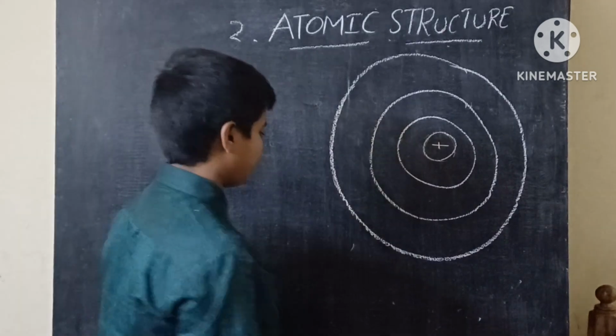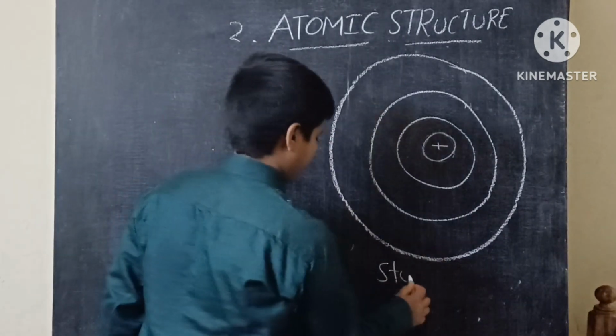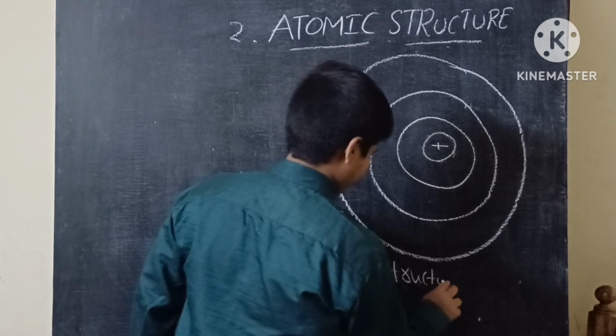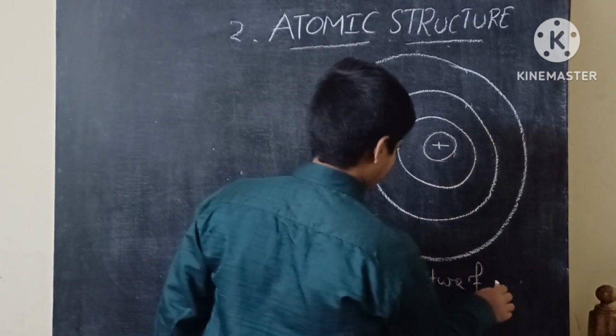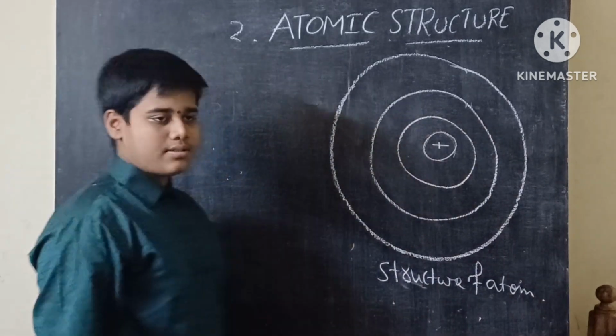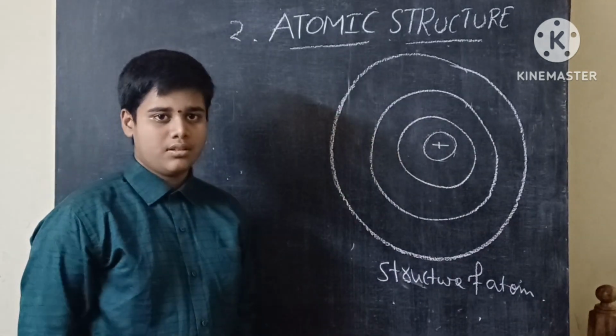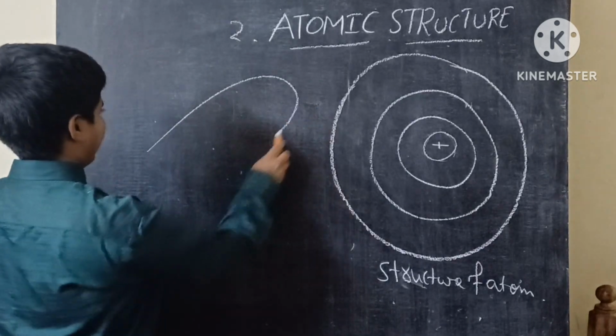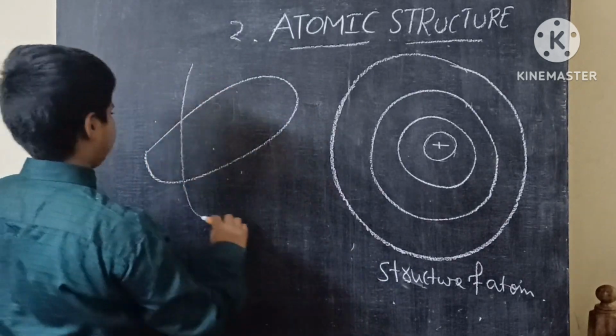Okay, so like this it looks, the structure of an atom. In some books they will give it like this also, in elliptical paths.